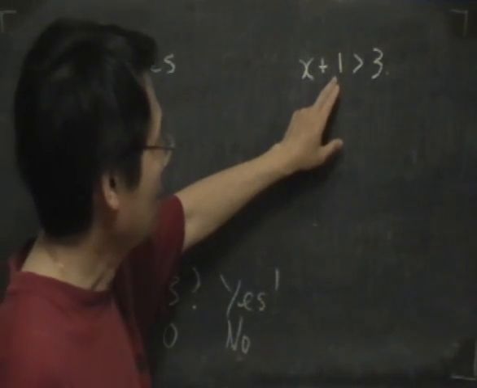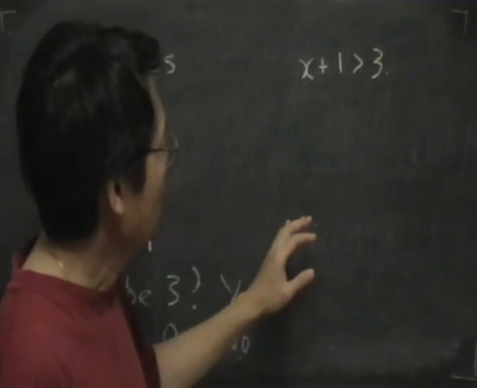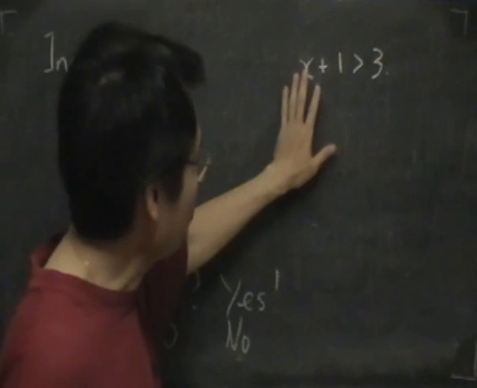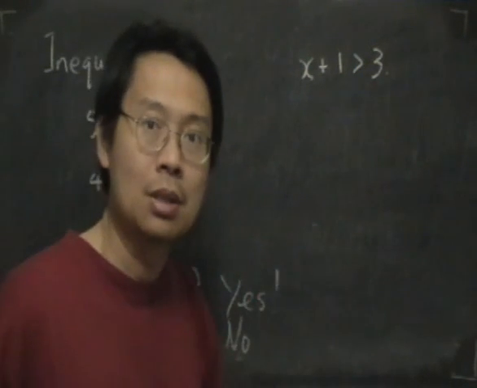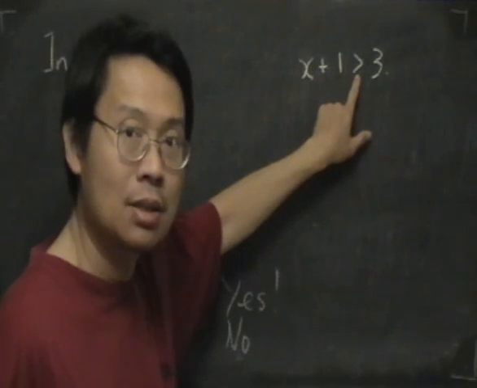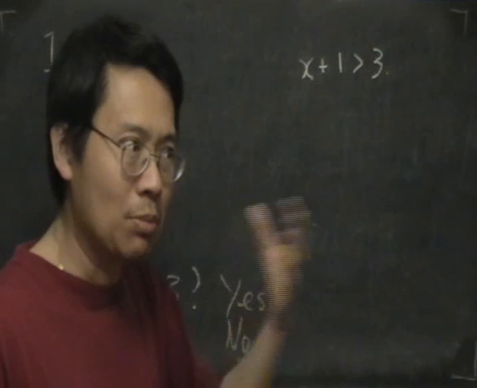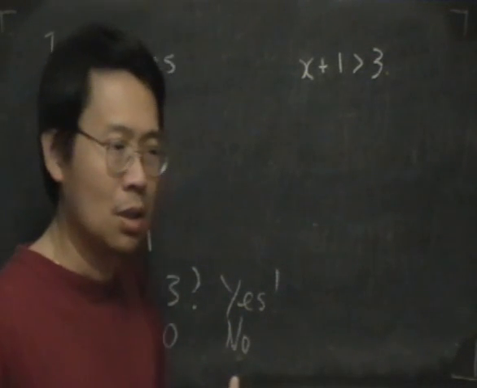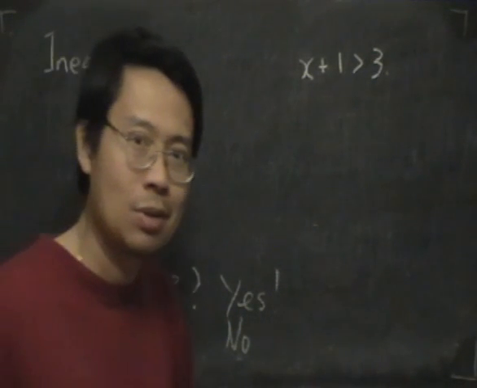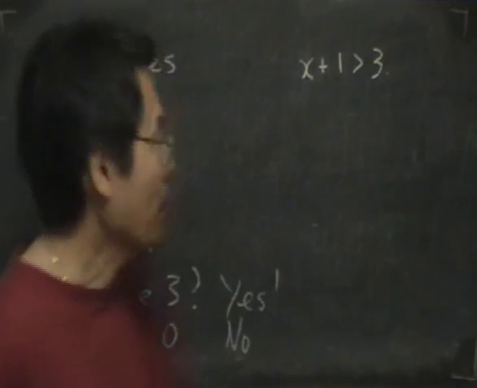If I subtract the same number from both sides, is this still true? Is the left side still greater than 3? Because I don't have an equal sign there, I have a bigger than sign. That is a little bit more complicated than just an equal sign.